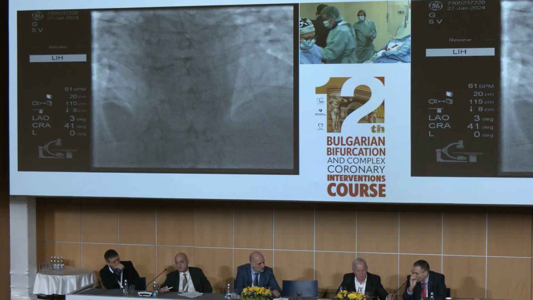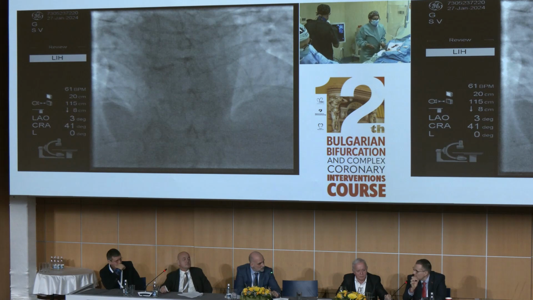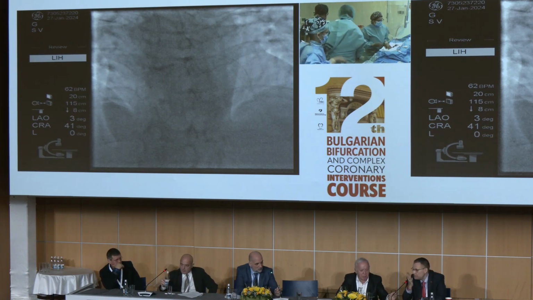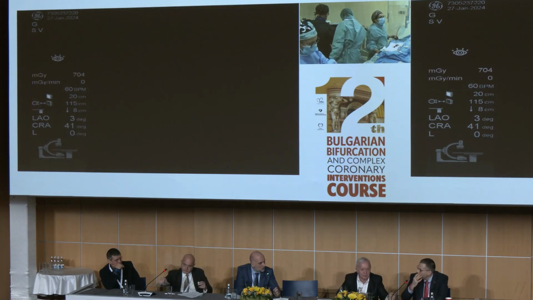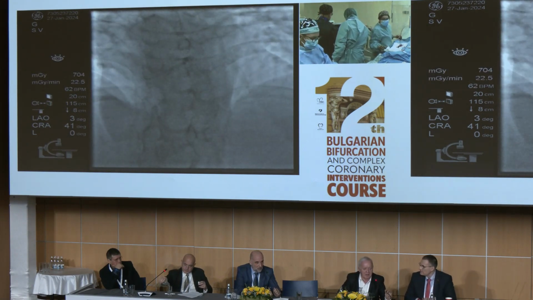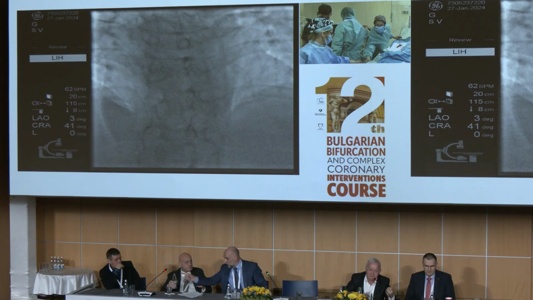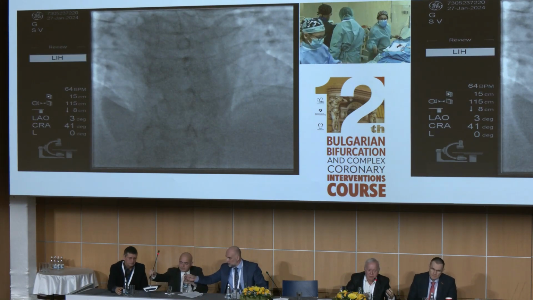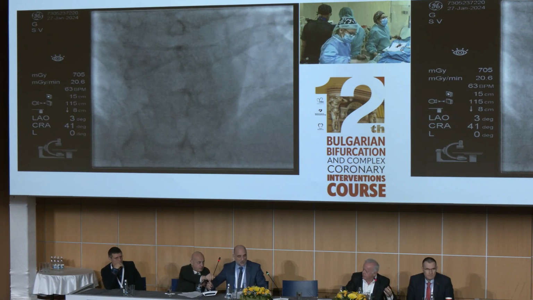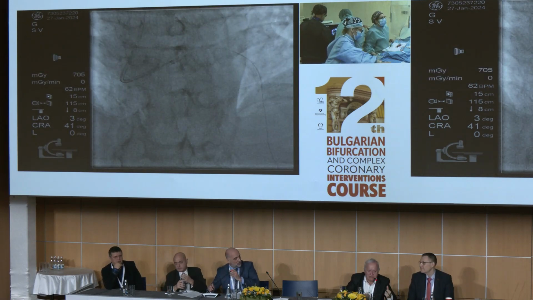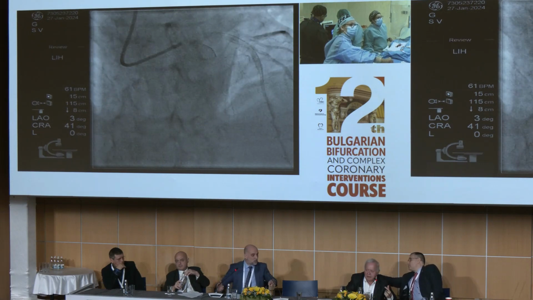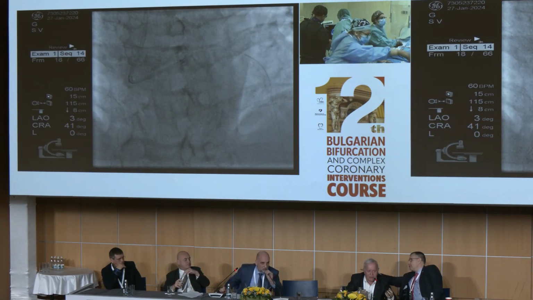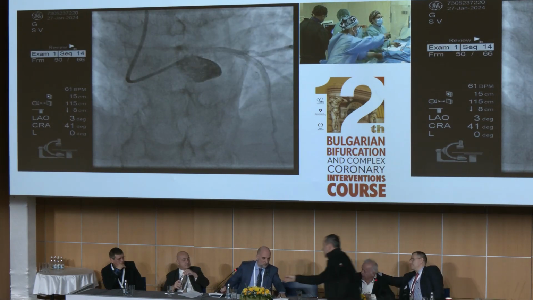So we can conclude from this that to do a good case, you need to follow science. You need to do also tips and tricks, which are very important.